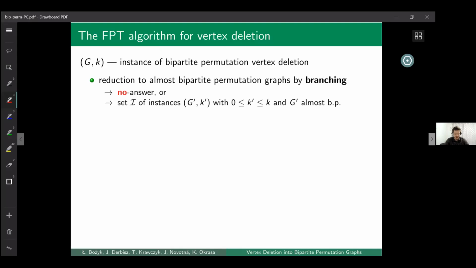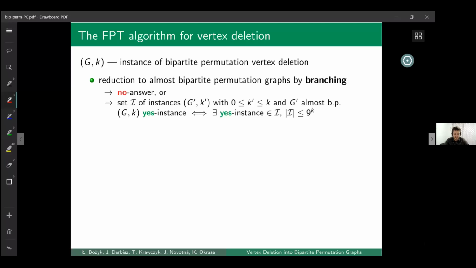After we remove all the forbidden structures, in each leaf we're left with some smaller budget in order to turn it into a bipartite permutation graph by removing long holes.